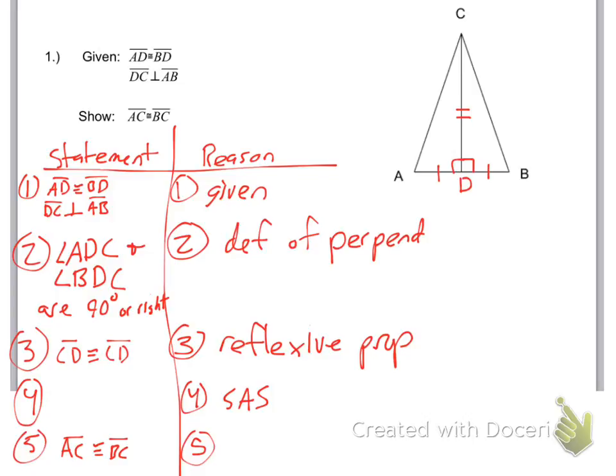But what are those? Those postulates, guys, are for triangle congruency. Your statement now has to be the 2 triangles being congruent. What's the first triangle? ADC is congruent to. Now you have to purposefully list the order in the next triangle the exact same way.